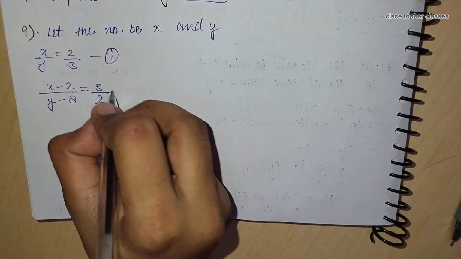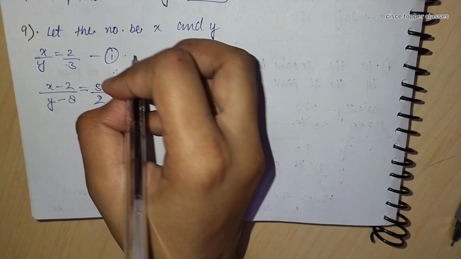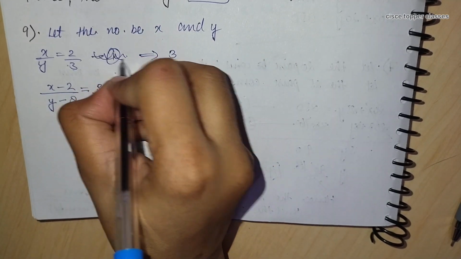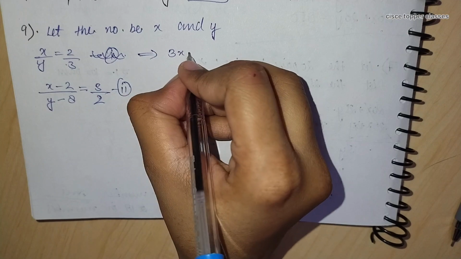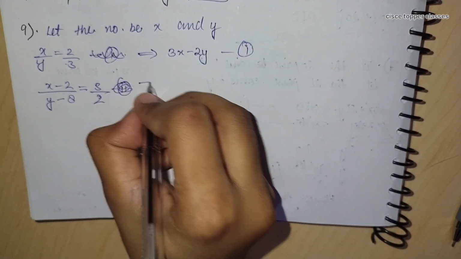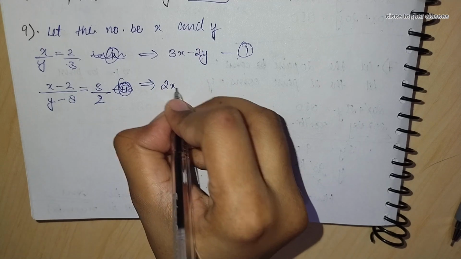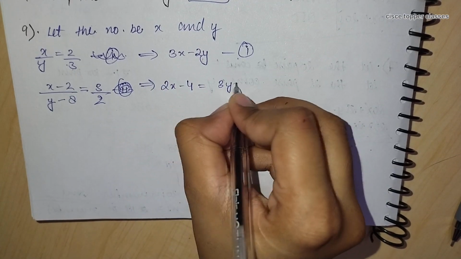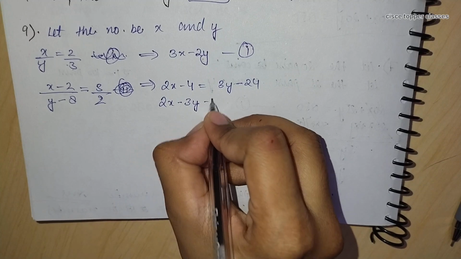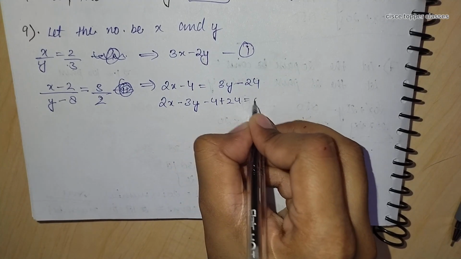We will solve this by taking it as first and second. From here we will get 3x minus 2y as the first equation, and here also we will solve firstly. So 2x minus 4 equal to 3y minus 24. So 2x minus 3y minus 4 plus 24 equal to 0.